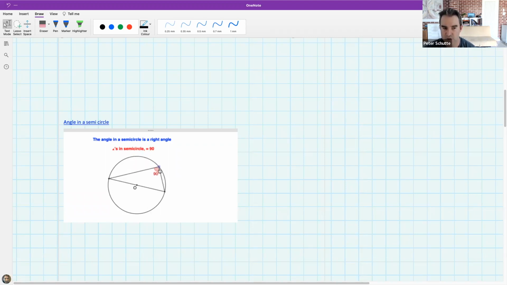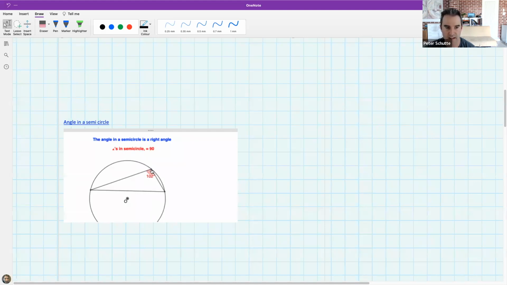Watch as I move this. Can you see how it's always 90 as long as I have a diameter? But the moment I move that triangle off the center, then the 90 degrees go away. Yes. Perfect. Thank you, Cynthia.